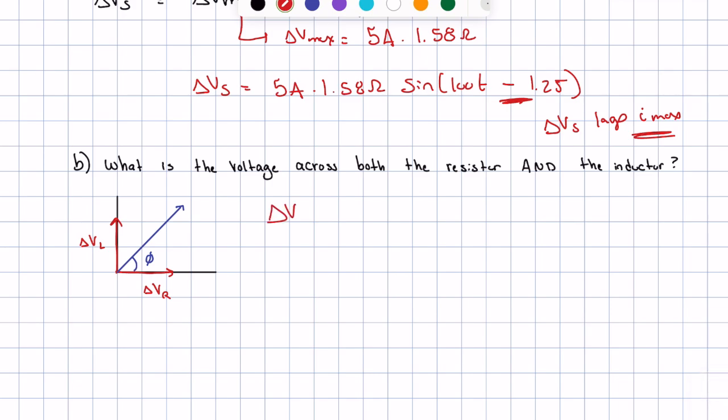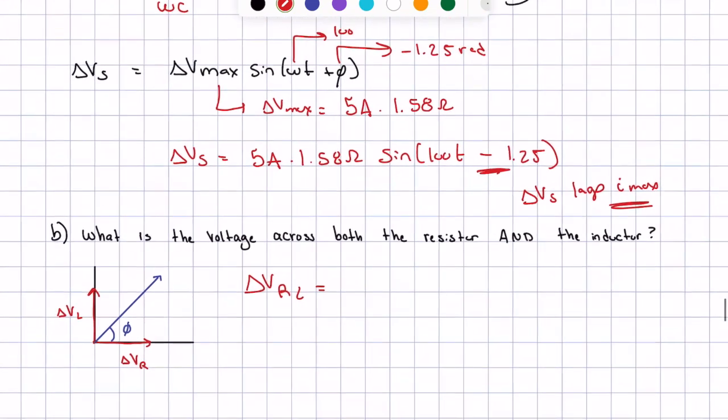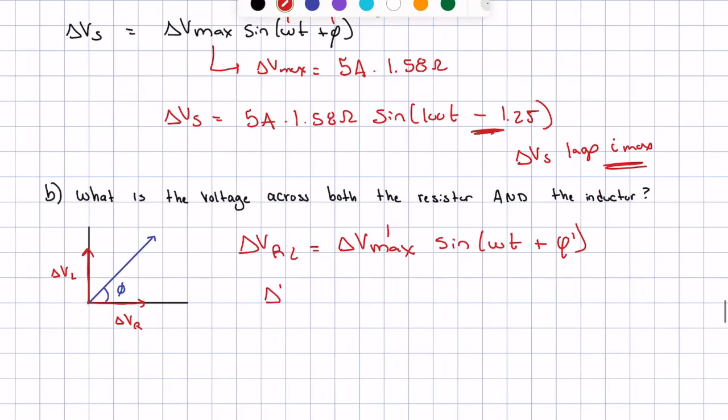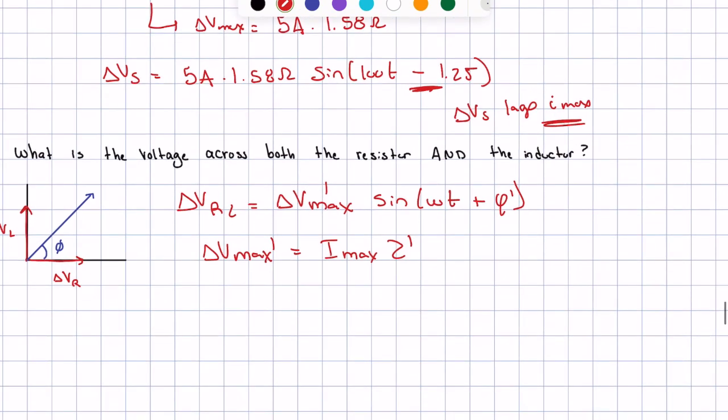So delta V_RL is equal to delta V max, we're going to call it prime because it's a different value than it was last time, sine of omega t plus phi prime. Delta V max prime is equal to I max times Z prime, where Z prime is just equal to the square root of R squared plus, remember how we had (X_L minus X_C) squared?